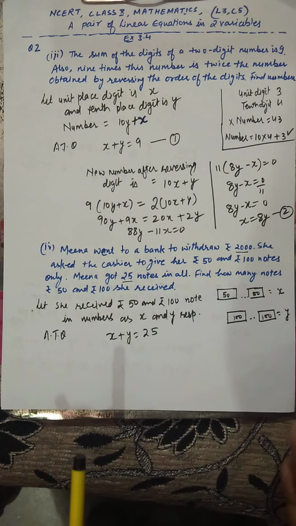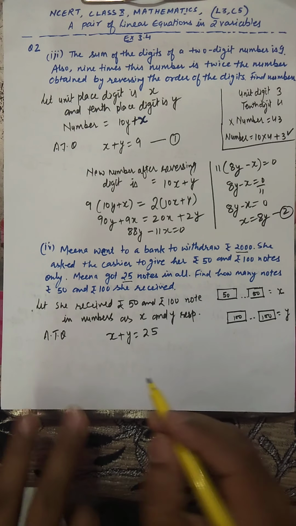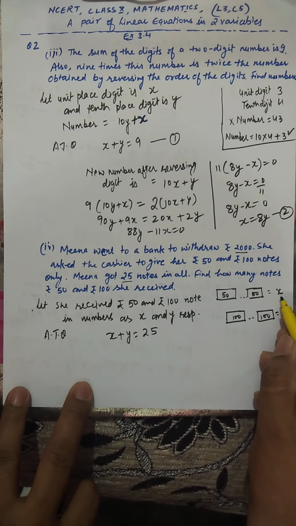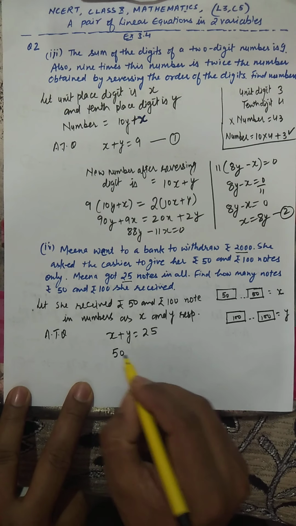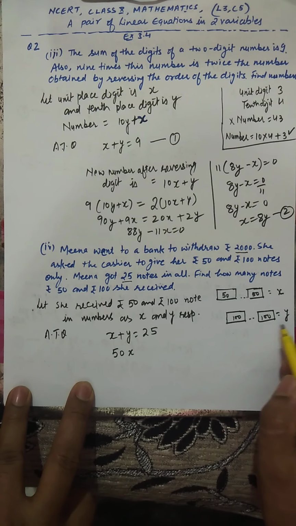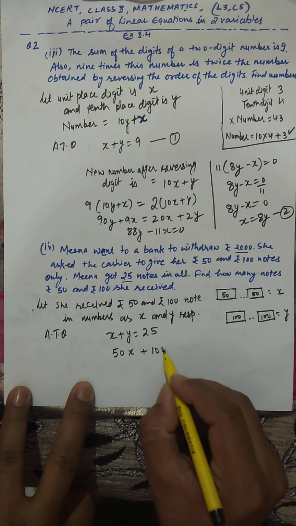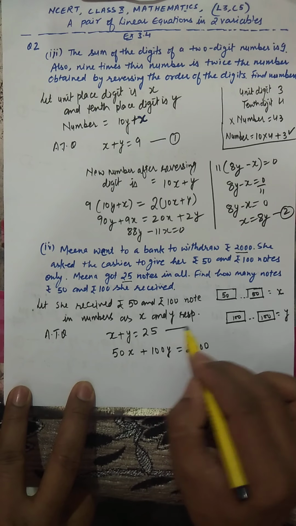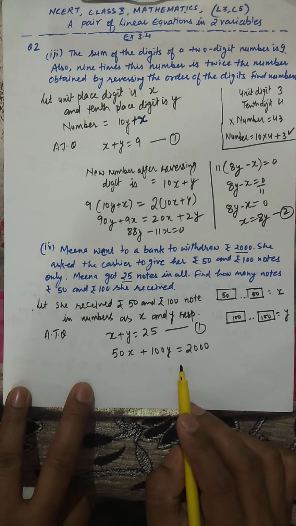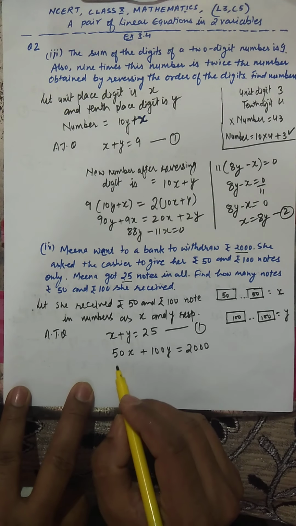Apply this same concept here also. The number of notes of 50 is x, so the total value of 50 rupees notes will be 50x and of the 100 notes will be 100y. This is going to be 2000 rupees. Now you can simplify this further. You can take 50 common.